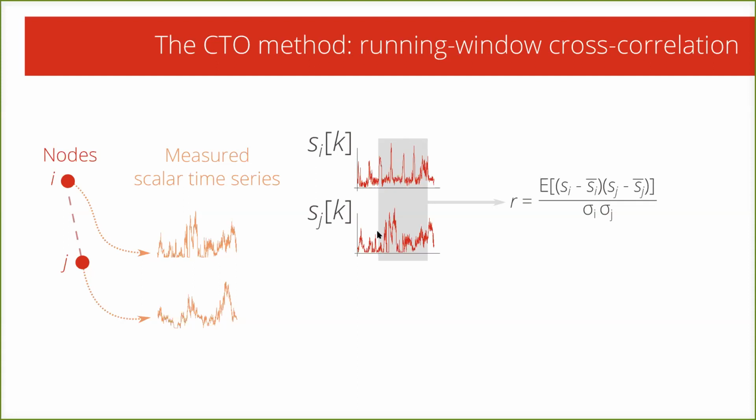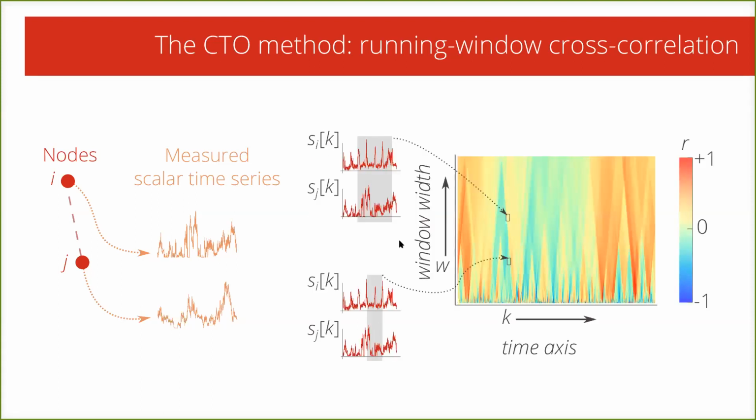So given a window, we compute the cross-correlation coefficient between the two scalar time series, and we can do this for different widths of the running window. The result is that we have a cross-correlation coefficient that is both a function of time along the time series and also a function of the window width that we use to compute cross-correlation.